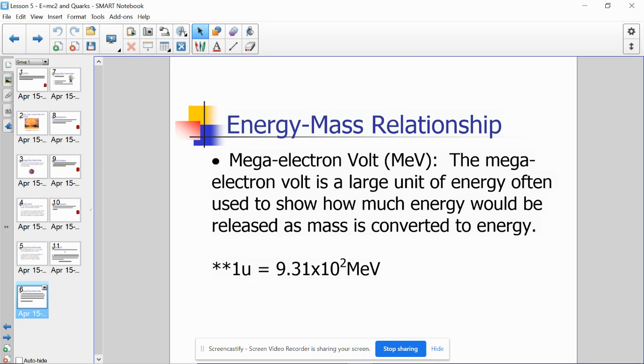That's 931 mega electron volts. Remember, mega is times 10 to the 6, so that's 931 with 6 zeros after it. That is a tremendous amount of energy. Even from one little proton being annihilated, you get a huge amount of raw energy out of it.